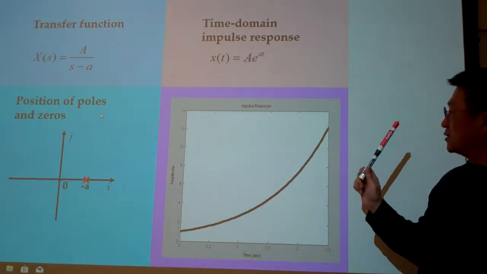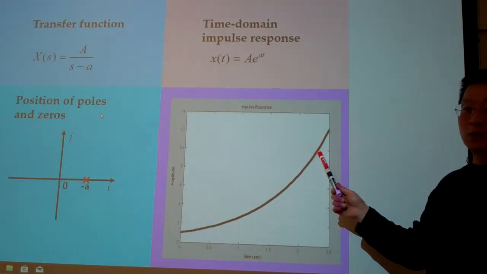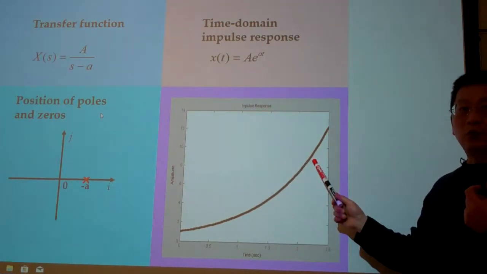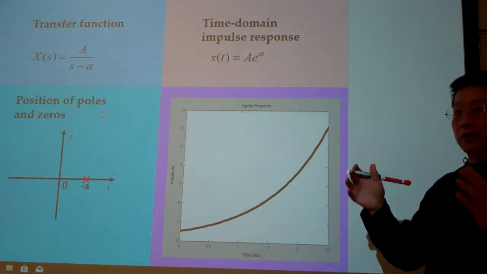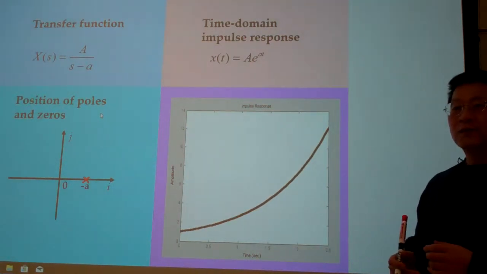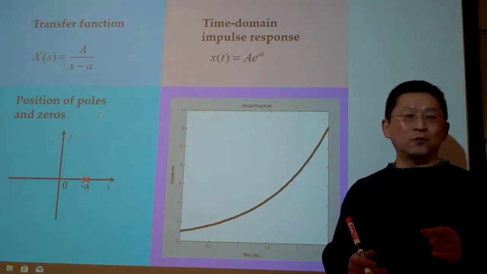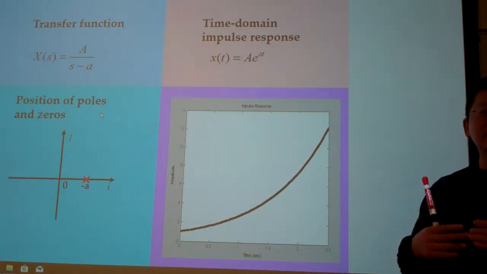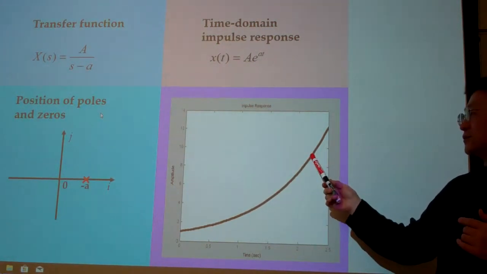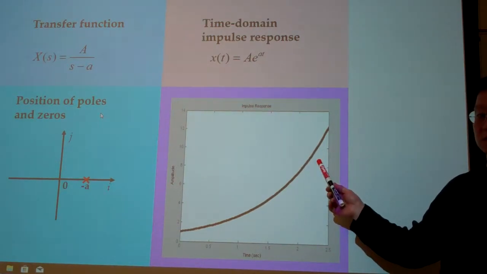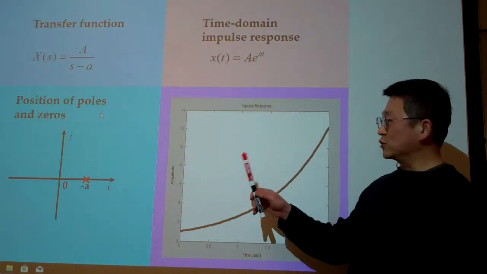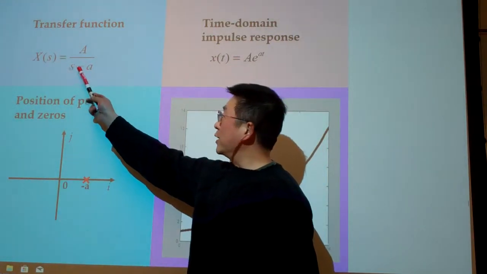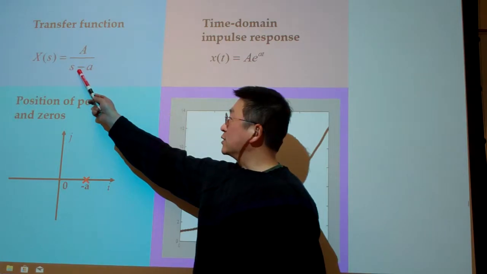For this kind of case, we call the system an unstable system. Unstable system means the system's response or output keeps growing, becoming larger and larger. For anything in control, we wish the output to be stabilized to a certain value. So in terms of the design, we call this system unstable. Unstable corresponds to the location of the pole being s equals a.